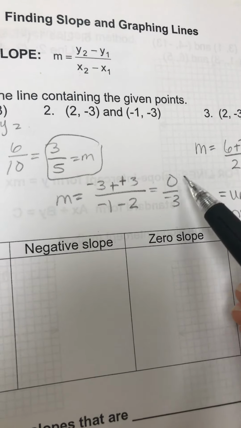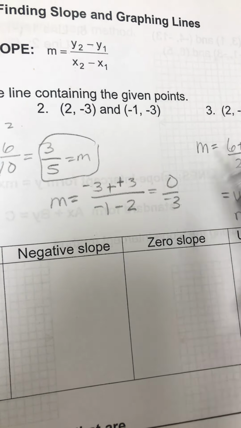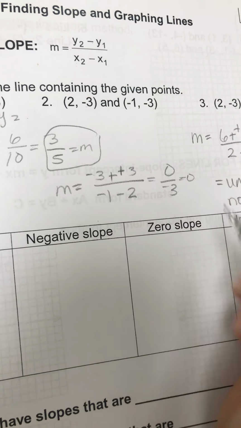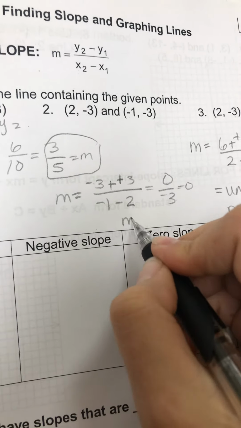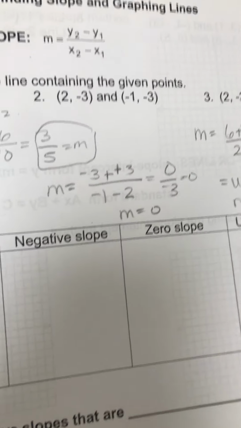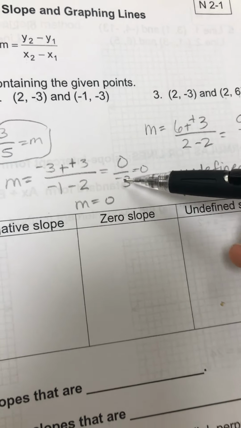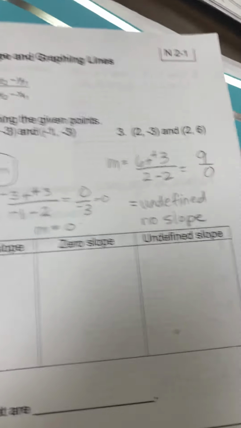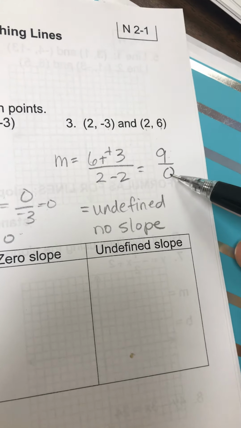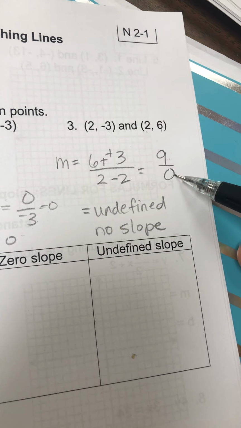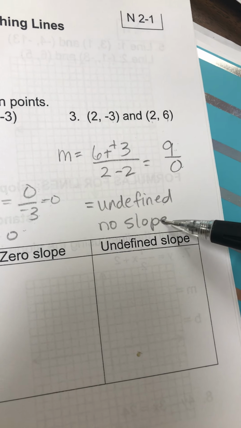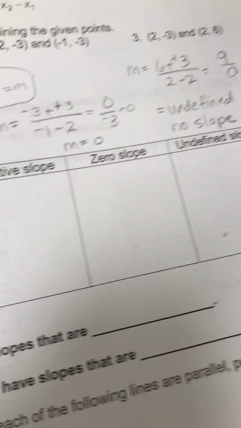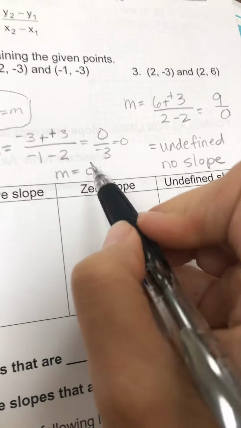Anytime you get 0 as the numerator, your answer is 0. So m is equal to 0. Anytime you have 0 over a number, the answer is 0. But on the other example where we had 9 over 0, 0 is in your denominator, it's undefined and there is no slope. So know the difference between those two.